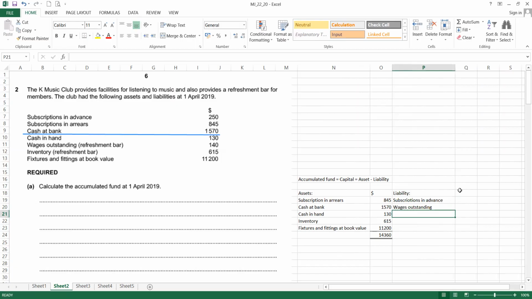No more. Okay, only two items. So we put in the amounts first. Subscription in advance 250, and wages outstanding is 140. Okay, so these two, subtotal.